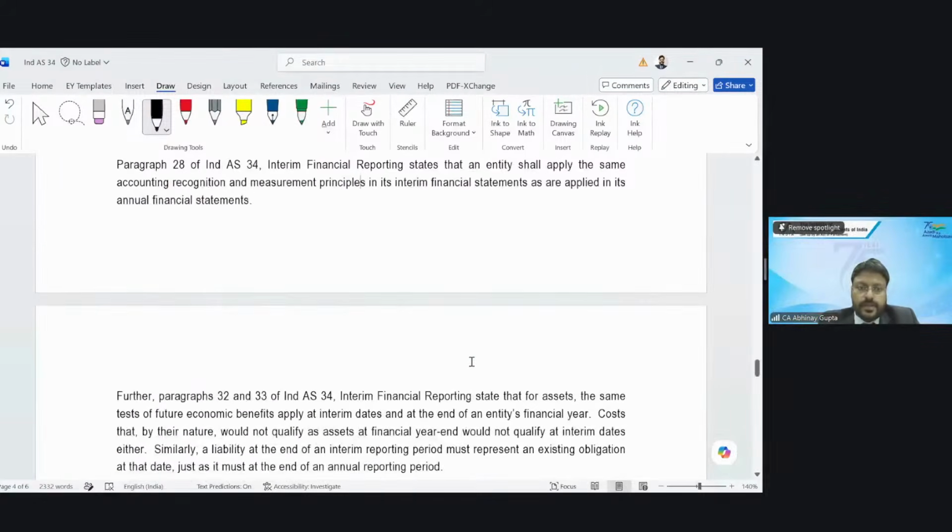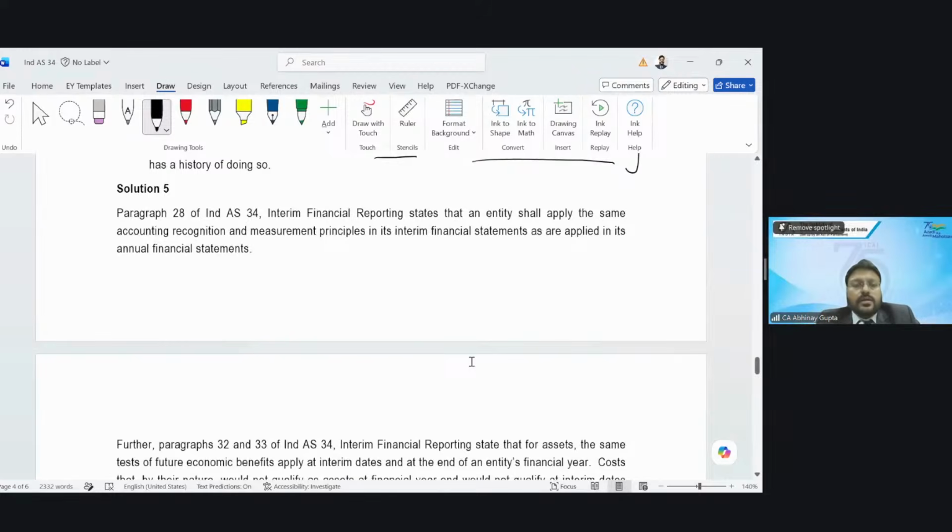Let's see. Now, just one request to everybody. Since we are preparing for our CA Final examination, although we might be answering correctly for all these theoretical or case based questions, articulation is also important, right? To get the full marks, if we are not good in articulation, then we need to practice that a lot also, along with being right on the answer.